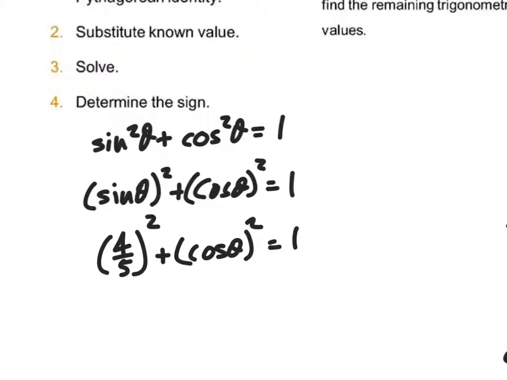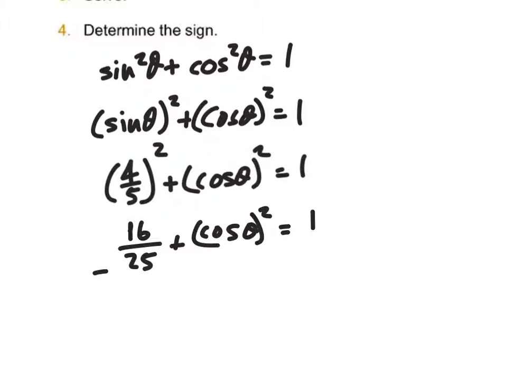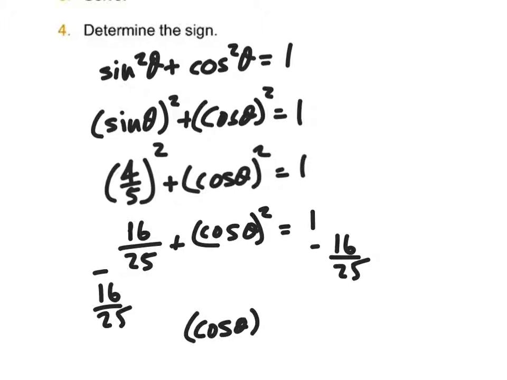Now if I take 4/5 and I square it, I get 16 over 25 plus cosine of theta quantity squared is equal to 1. I'm going to subtract 16/25 from both sides. So now I have that cosine of theta squared is equal to 1 minus 16 over 25.